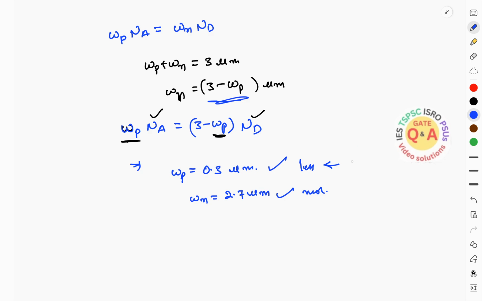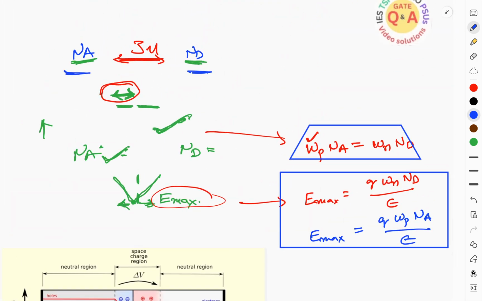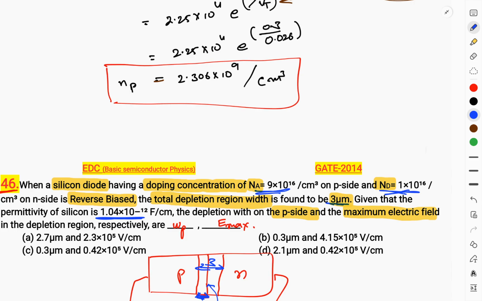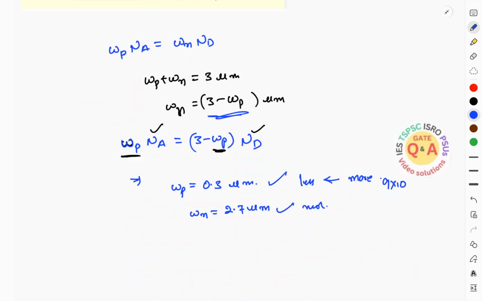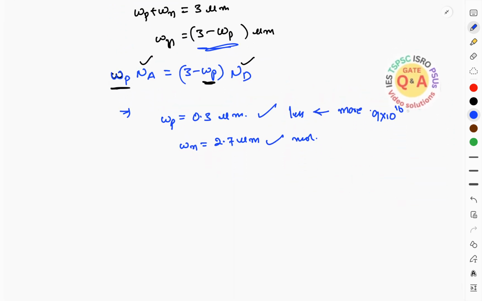Because the P side doping concentration is more, 9 into 10 to the power of 16 per centimeter cube, and the N side is 1 into 10 to the power of 16 per centimeter cube. So if doping concentration is more, the depletion width will be less. If doping concentration is less, the depletion width will be more.